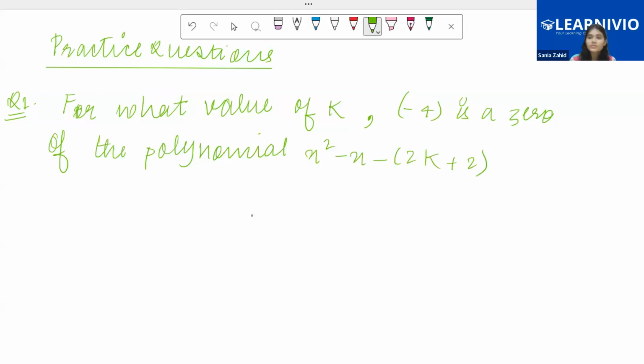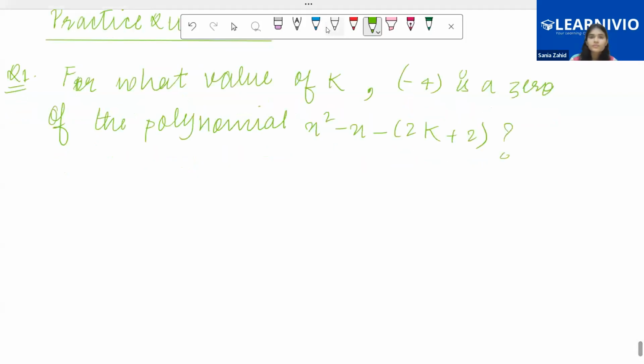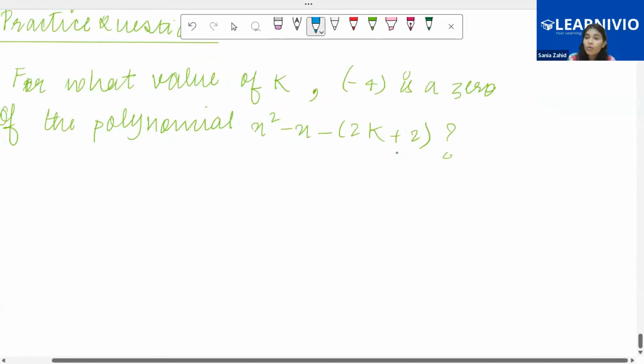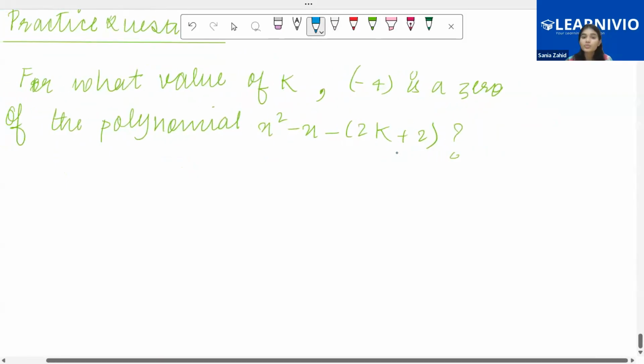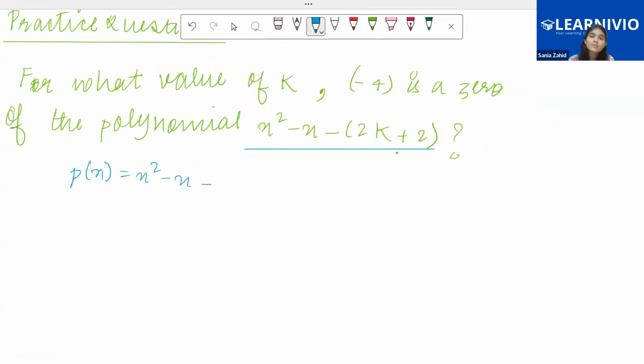You understood the question? You understand the question, Umair? It says that for what value of k minus 4 is a zero of the polynomial. That means a polynomial is given to you. What is the polynomial? P(x) is x square minus x minus 2k plus 2. This is the polynomial. The zero is also given to you. What is the zero? Minus 4. But they are saying that minus 4 will be a zero for what value of k? That means you have to find a value of k which will satisfy minus 4 as a zero. You understand the question, Umair?